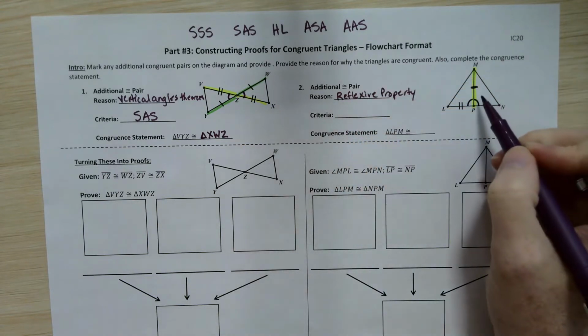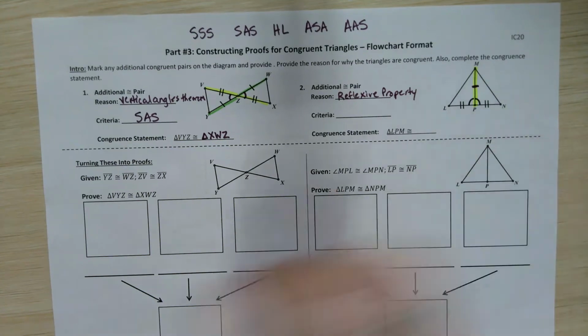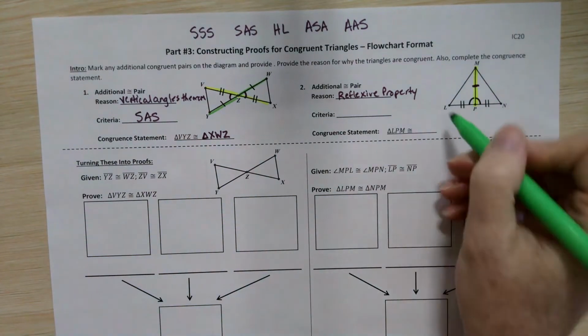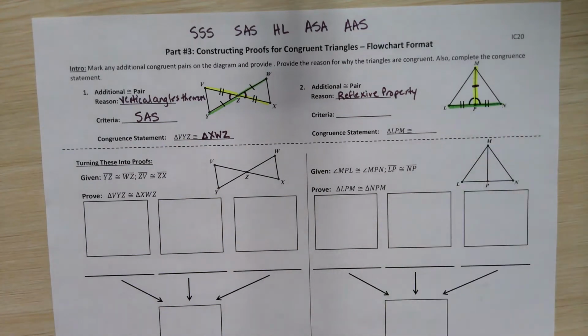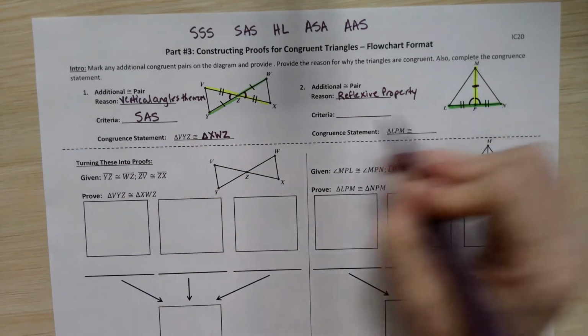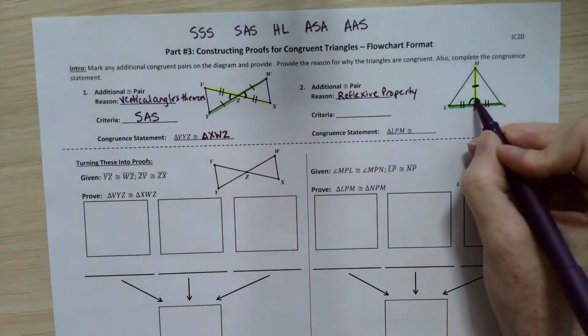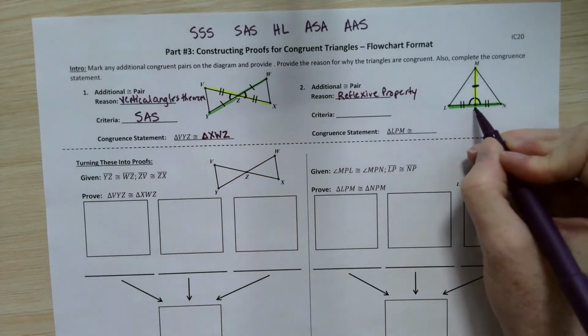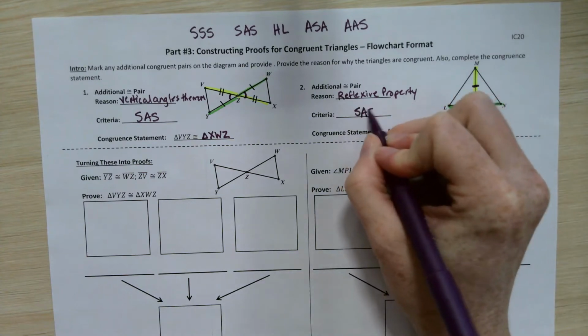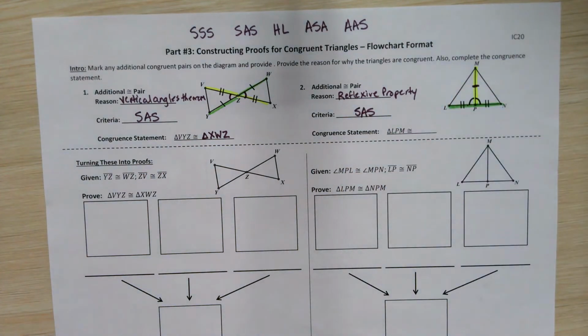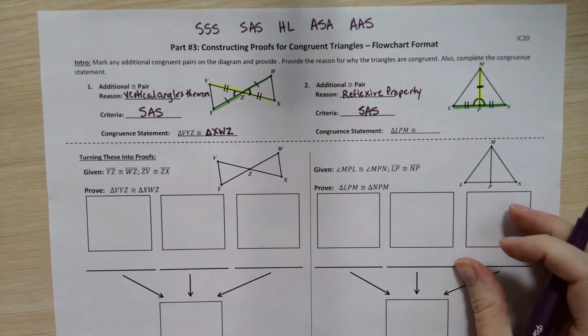So now, again, I'm up to 2 pairs of sides and 1 pair of angles. If I color code this set of angles that has the double tick, it looks like the same thing happens as in my previous example. That angle is right where those 2 congruent sides intersect. So side angle side, again, is going to be the reason for why these triangles are congruent.